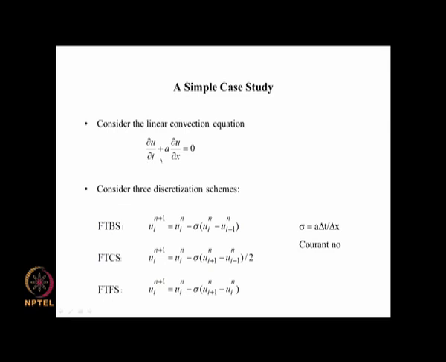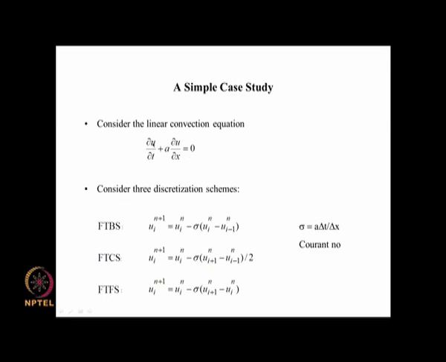So the time derivative is discretized as forward in time, that is u i n plus 1 minus u i n divided by delta t, and the space derivative dou u by dou x is put in the form of a backward difference, that is u i minus u i minus 1 divided by delta x, equal to 0.